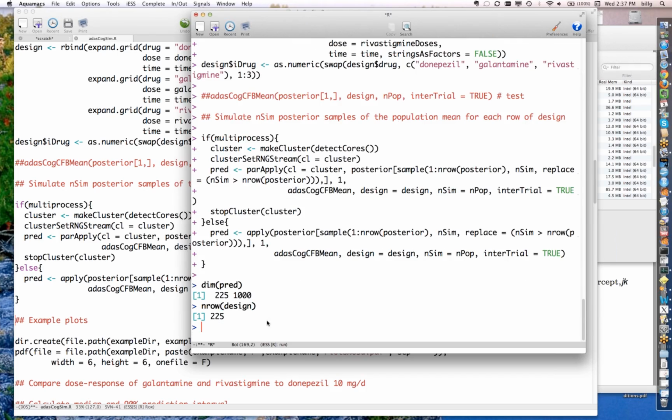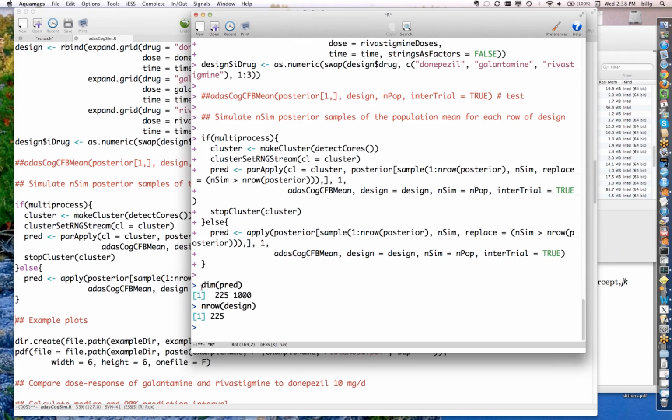And yeah, it does. And of course, we specified 1,000 posterior samples, so that's why there are 1,000 columns in this case. Each row corresponds to the same row in the design data frame, and the columns correspond to the different posterior samples.